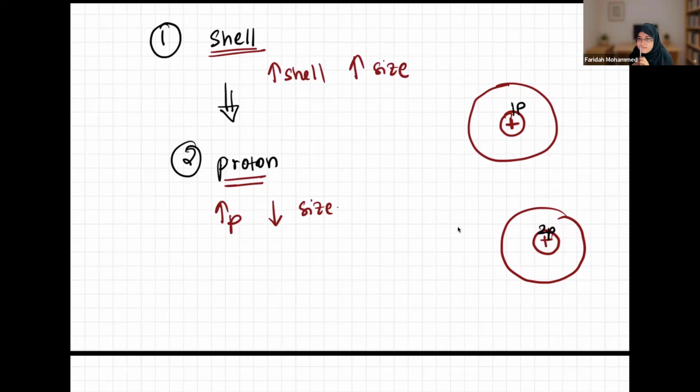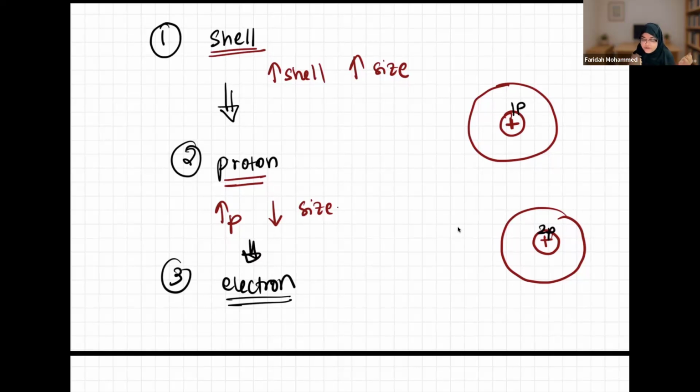Okay? And third, let's say the number of protons is also the same. Now, to break the tie, you look at the number of electrons. When you have a high number of electrons, there's going to be more repulsion.